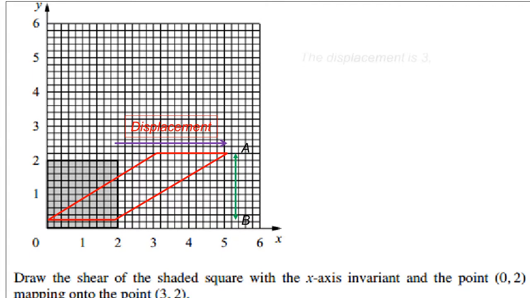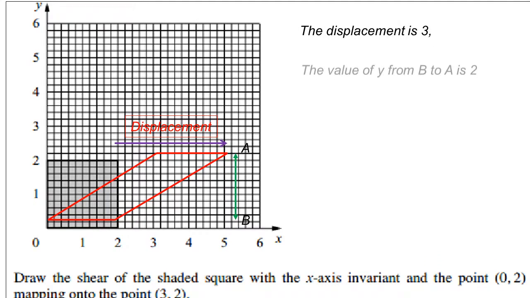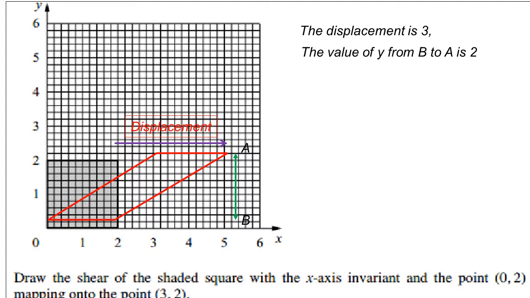Now, in order to calculate our shear factor, we divide the displacement by the value of the y coordinate from the invariant line to the point in question. In this case, we're looking at the line y equals 2. From B to A is 2.